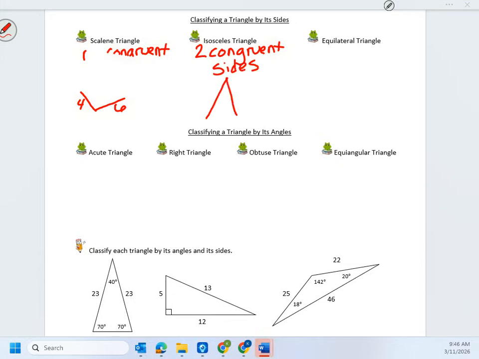So what that looks like is we might have a 7 and a 7, and that's a 4. Two sides are identical, one side is different. Sometimes you might see it with that hash mark there. That hash mark is the same on two sides, that means their measurement is the same, that they are congruent. I don't know why that erased.